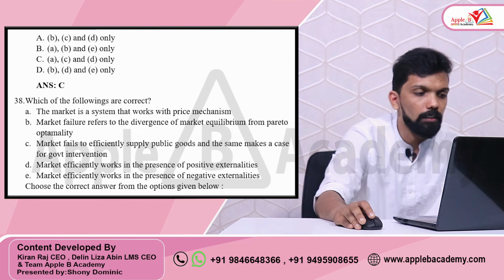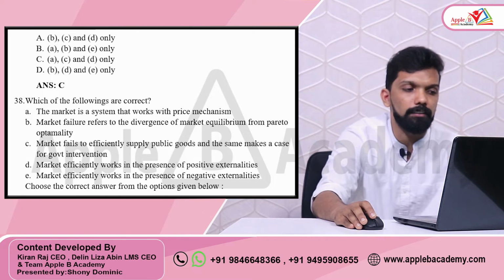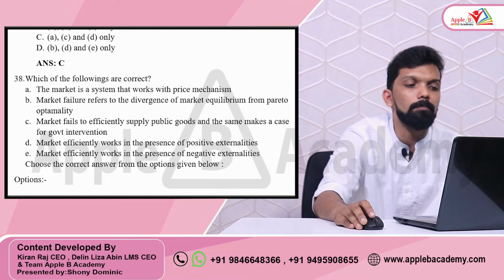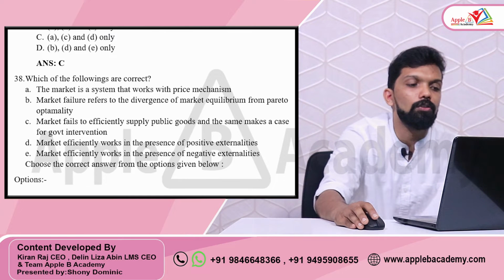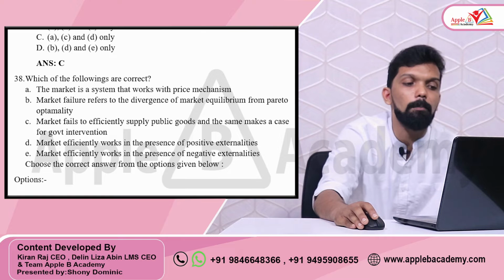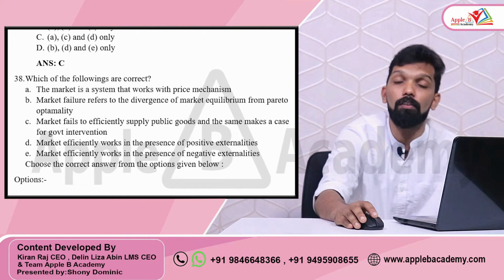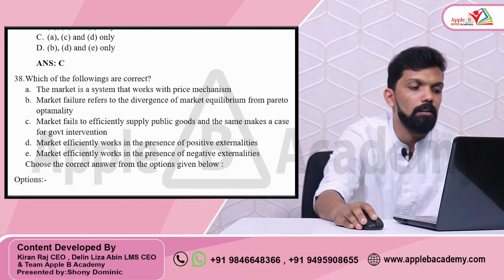So the next one, which of the following are correct? Market is a system that works with price mechanism. Market failure refers to the divergence of market equilibrium from Pareto optimality. Statement 3, market fails to efficiently supply public goods, and the same makes a case for government intervention.